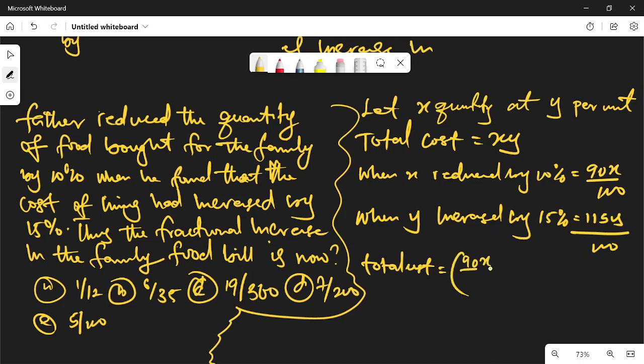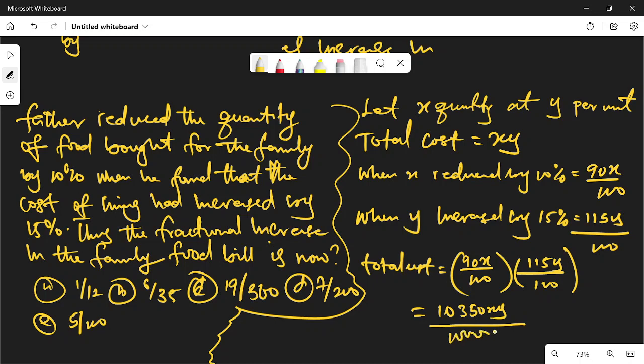So the total cost is now given as 10,350 XY divided by 10,000. Are you getting this now? And this will give us 1.035 XY.